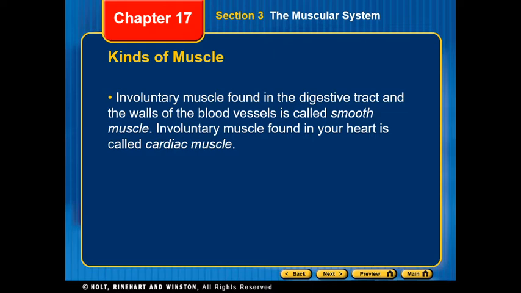Whenever you eat, automatically the food will digest in your stomach because your stomach has smooth muscles, and it can work without you telling it to digest. Even the walls of your blood vessels are involuntary muscle, and they are called smooth muscle.